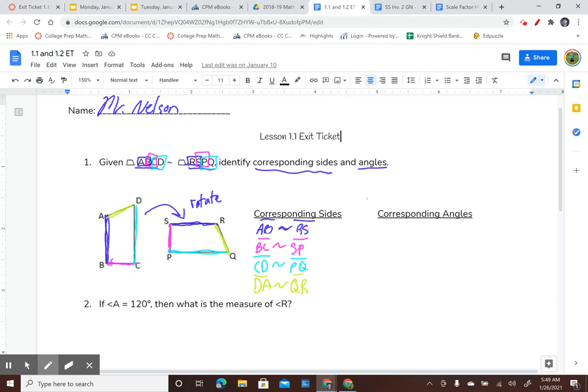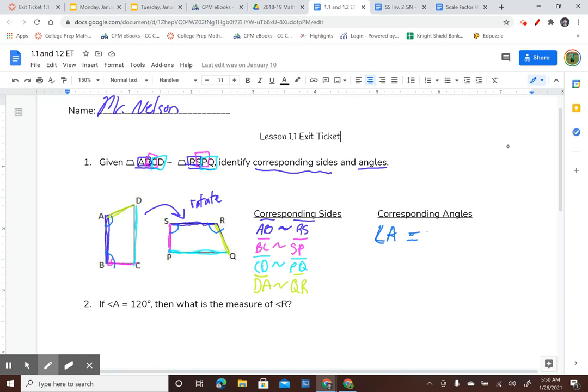All right, now we're going to look at corresponding angles. So here we have angle A, and that will align with angle R. And we have angle B, and that would align with angle S. And we can just go in order here. So I like to say angle equals, because remember the angles are equal.